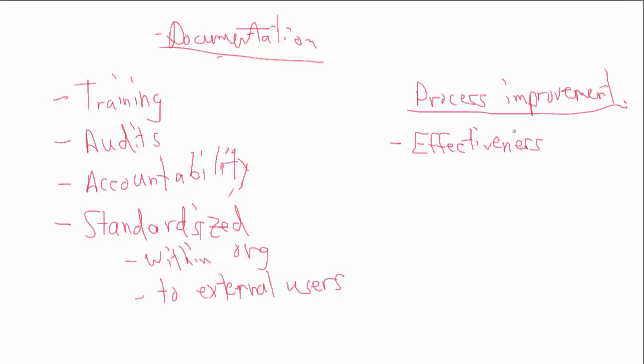In other words, is it doing the things it's supposed to? Is it efficient? Are there some glaring redundancies that we can see by viewing the documentation that can be eliminated, that we might not see if we're just talking to people and walking around and following processes?